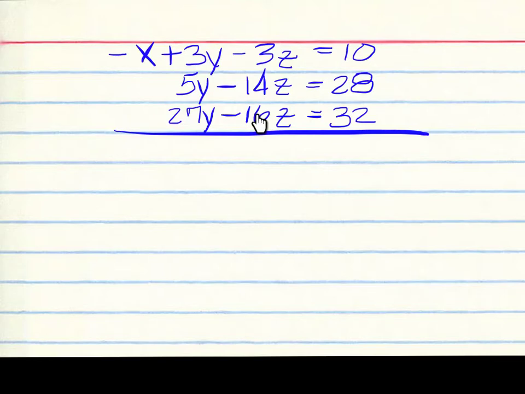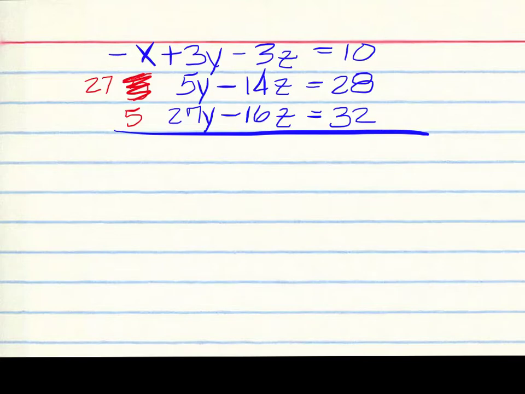That'd be kind of hard. So we'll multiply this one by 27 and the bottom one by 5. That might be the path of least resistance on this one.